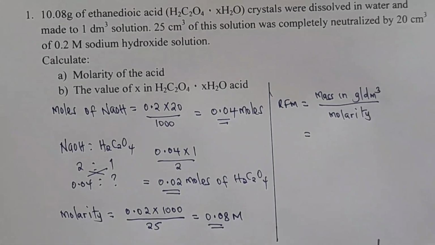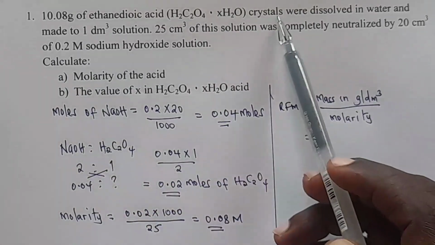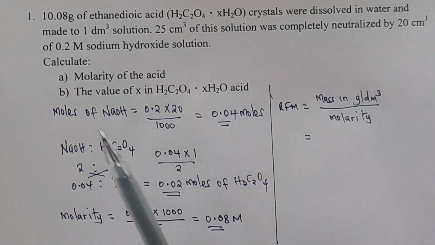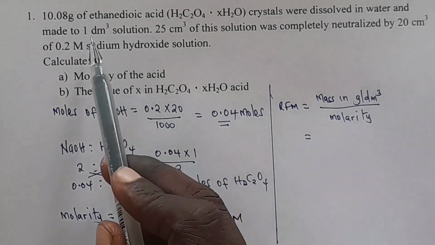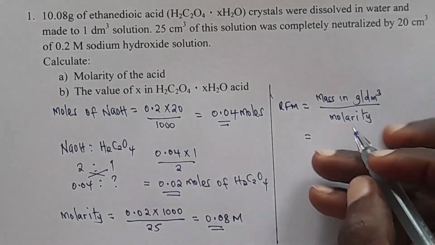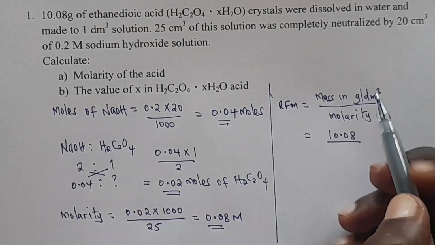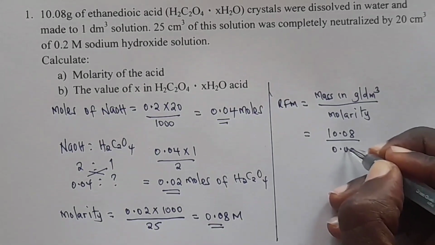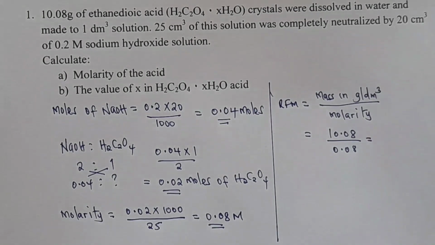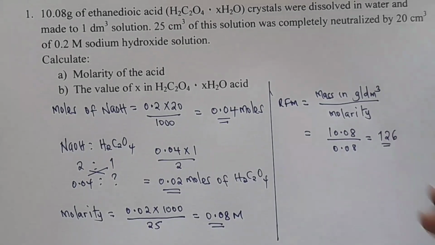If you check the question, we are told 10.08 grams of ethanoic acid crystals were dissolved in water and made to 1 decimeter cube. So this 10.08 grams is the mass in grams per decimeter cube. So we have 10.08 divided by the molarity. Remember, we have gotten molarity 0.08, so 0.08. When we put this in the calculator, we are going to get 126 as our RFM.